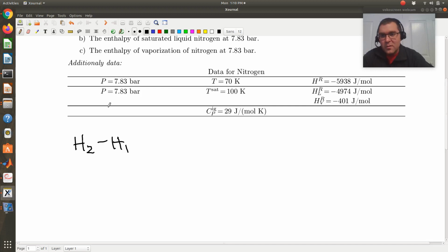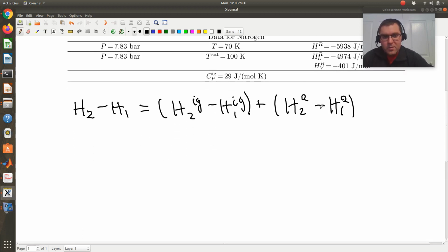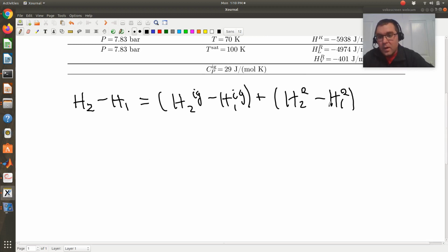That is equal to a difference in ideal gas values, H2 ideal gas minus H1 ideal gas, plus a difference in the corresponding residual values, H2 residual minus H1 residual.